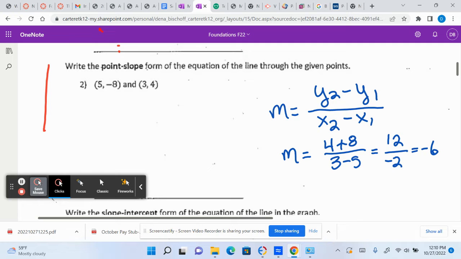Awesome. You want to write the equation? Sure. What point are you going to use? 5, negative 8. Do it. So y plus 8 equals negative 6 times the quantity of x minus 5. Awesome.